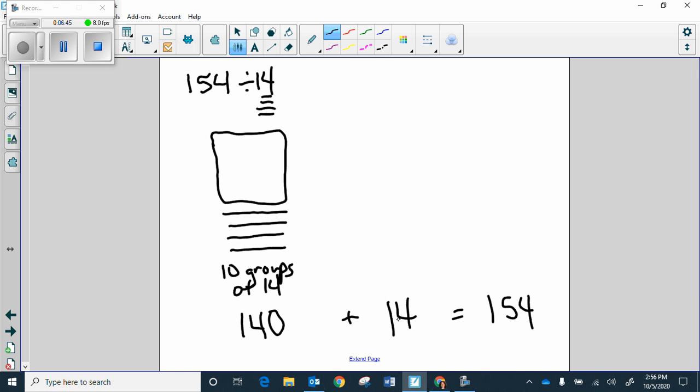That's pretty easy because that's just one more group. So I'll draw a line and then 1, 2, 3, 4 dots. That's one group of 14. So altogether in 154, there are 11 groups of 14. Let's try another.